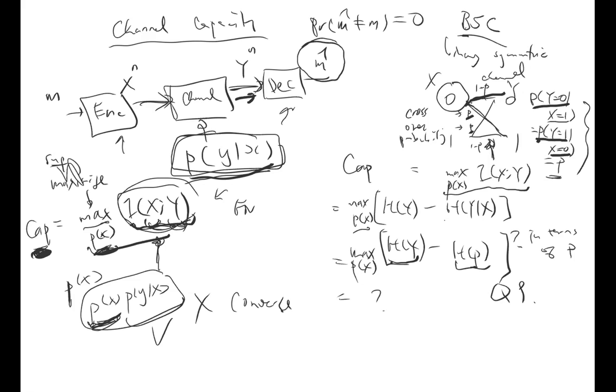As I said, I can split it into H(Y) minus H(Y|X), and then I say H(Y|X) is just equal to H(p) here. Now, what's the last step? The final question is, what is the maximum value of this with respect to p_X?